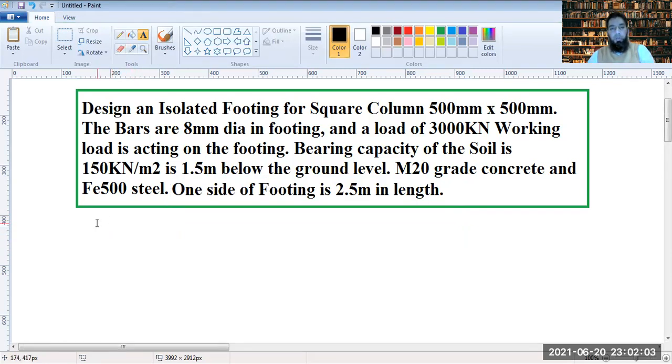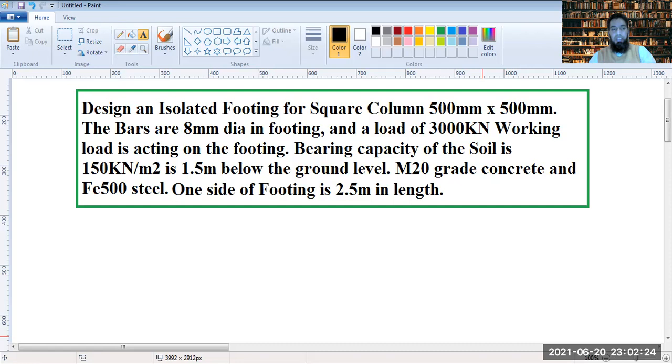Now, what is the working load that's acting on the footing? That's 3000 kilonewton. And what's the bearing capacity? 150 kilonewton per meter square. These are two very important parameters that we need to first of all check.